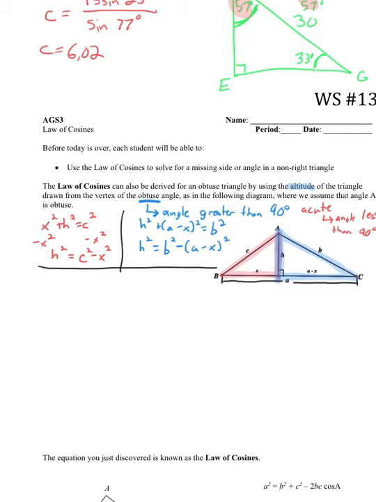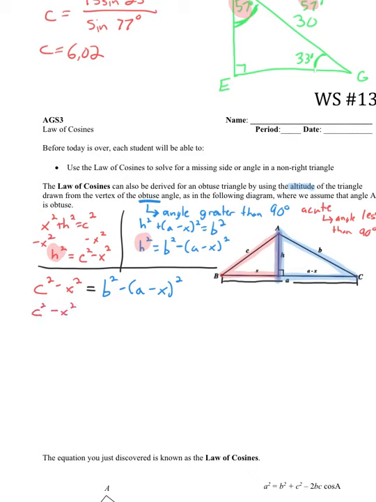Now I technically have h in terms of two completely different equations. I have h squared and h squared. One equation says h squared equals c squared minus x squared. The other says h squared equals b squared minus (a minus x) squared. Now I just want to simplify as much as possible.